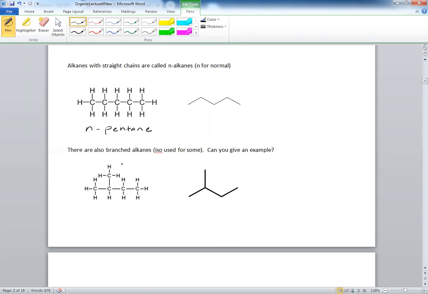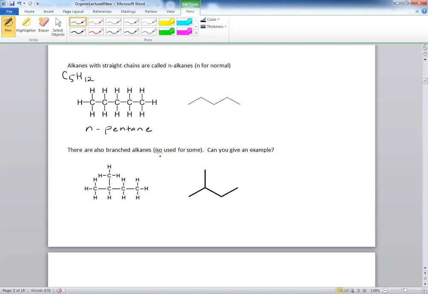However, if you have a branched alkane, you should be able to give one example, like maybe the one from the cyclohexane. This would change. So this now, again, has the same molecular formula. That would be a C5H12. And we have 12 hydrogens, if you count them, same as here.